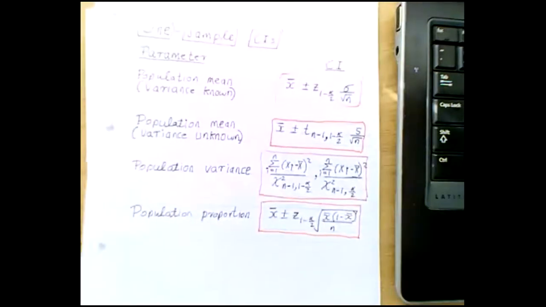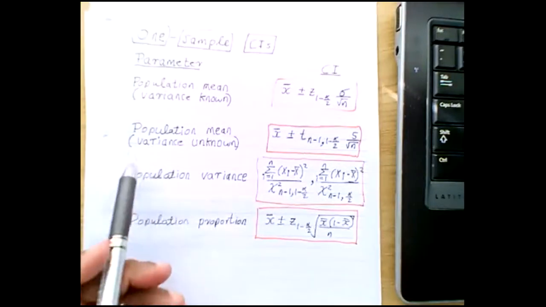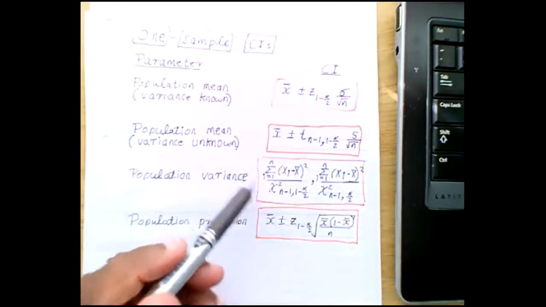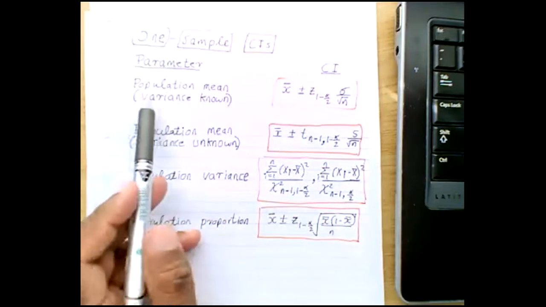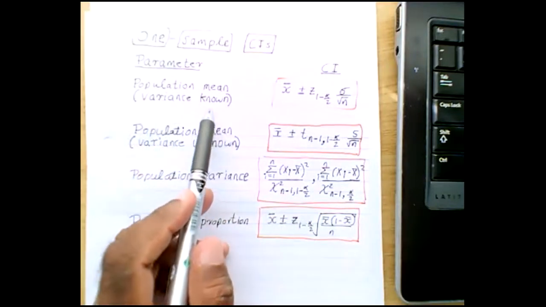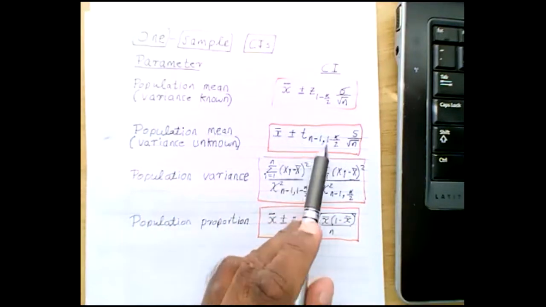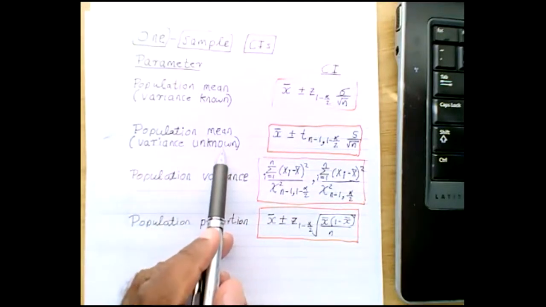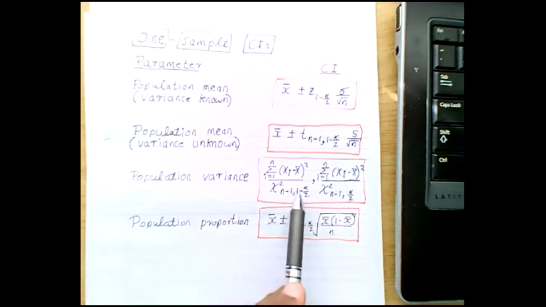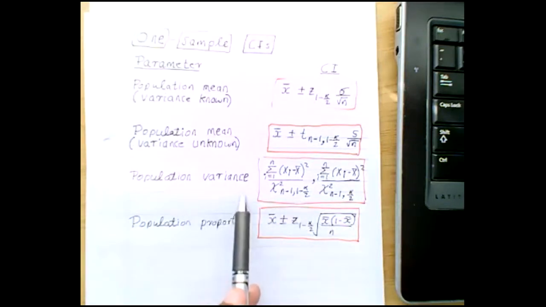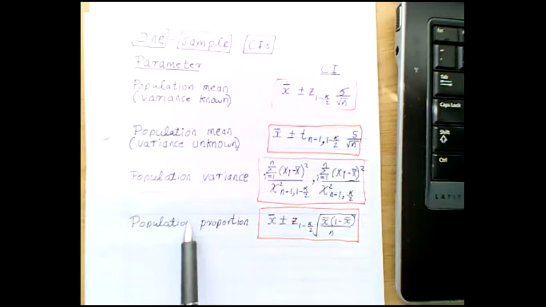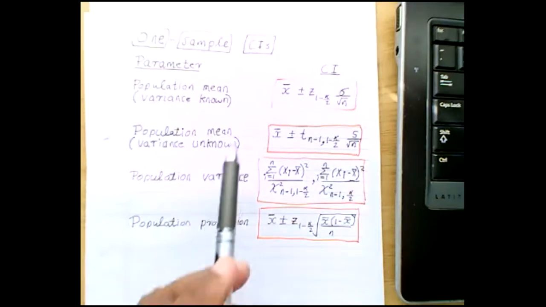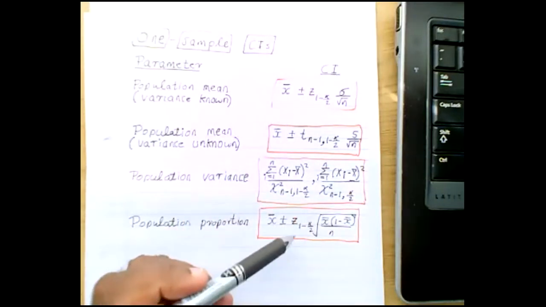There are 4 different confidence intervals I talked about, and these are the ones. This is the confidence interval for the population mean when the variance is known. And this is the confidence interval for the population mean when the variance is unknown. And this is the confidence interval for the population variance, and this is the confidence interval for the population proportion. So these are the ones we need to use for this tutorial sheet.